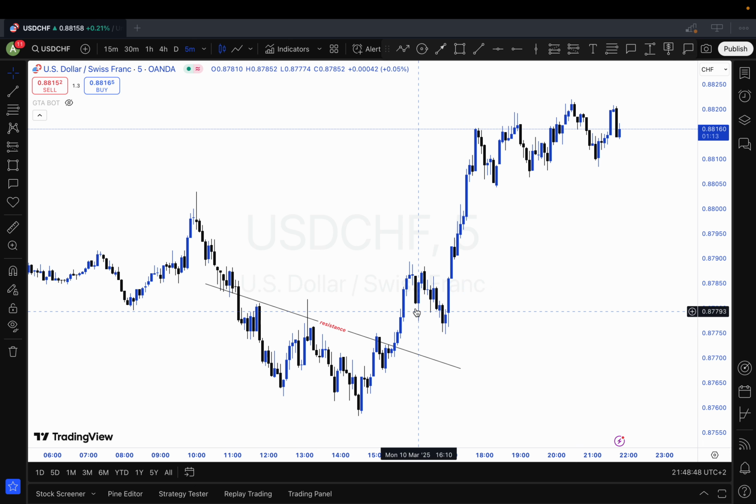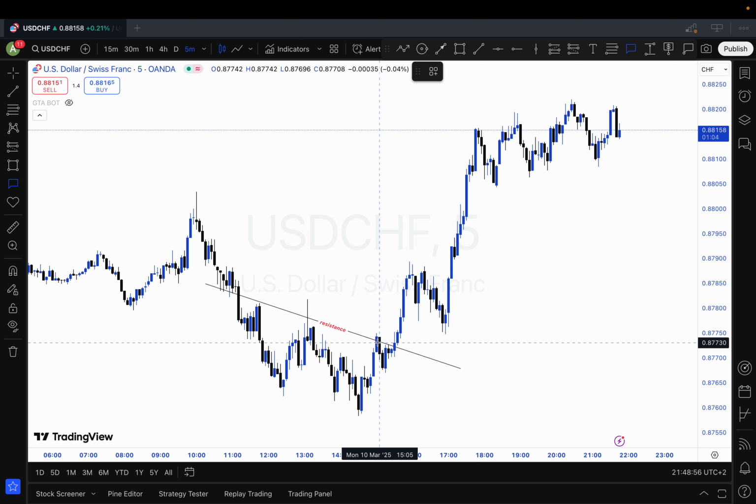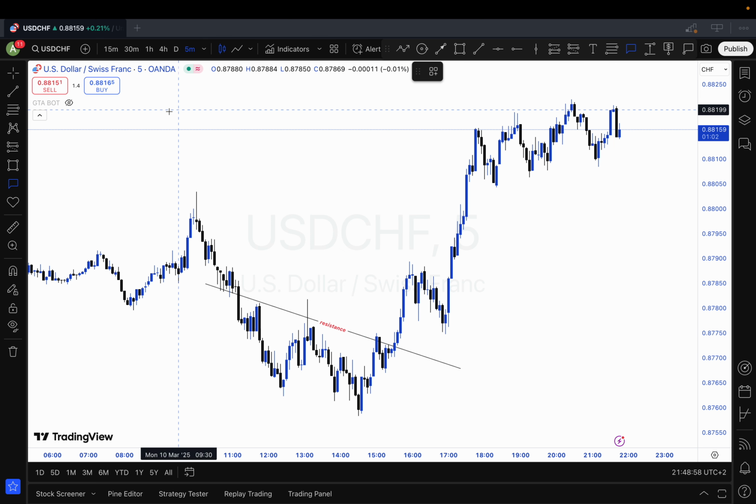We have a resistance, and then we have this breaker candle right here. Let me approach this in a more simplified way.